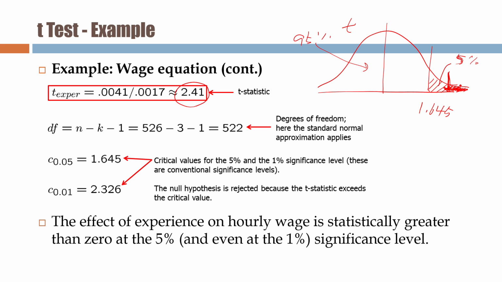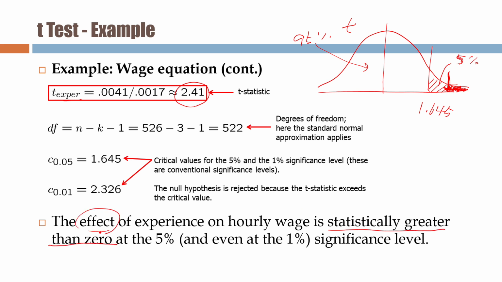So that's why we can reject the null hypothesis, which means our beta for experience will not be 0, which means experience has a statistically significant effect greater than 0.